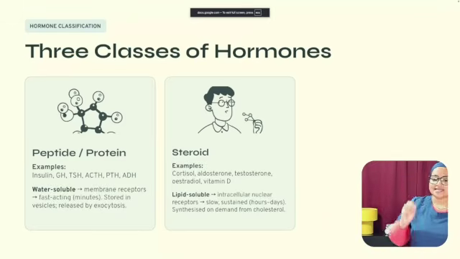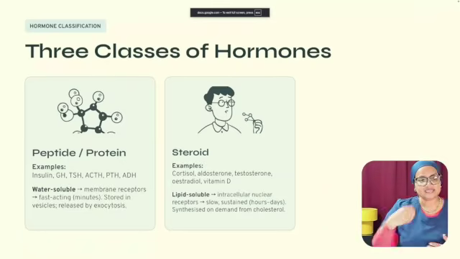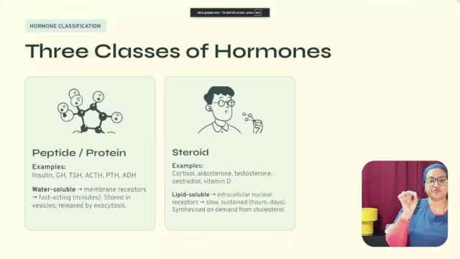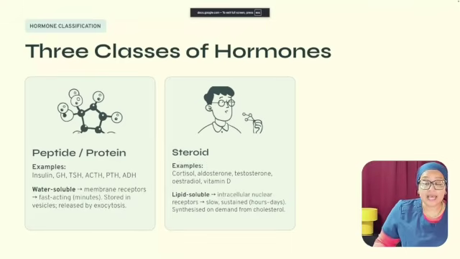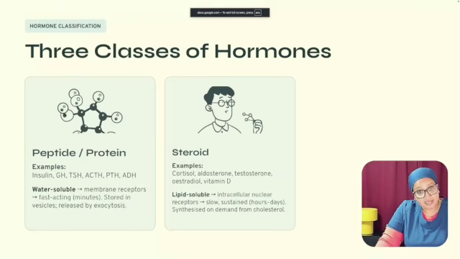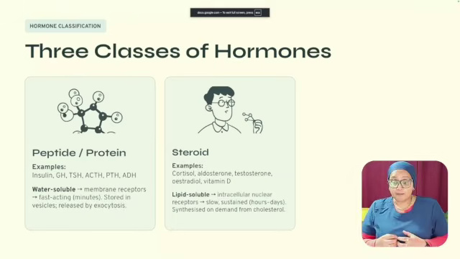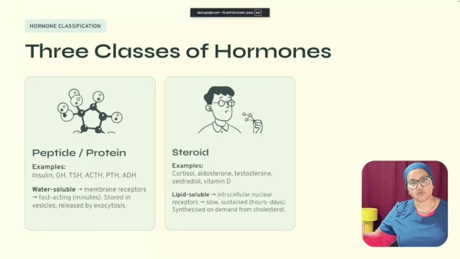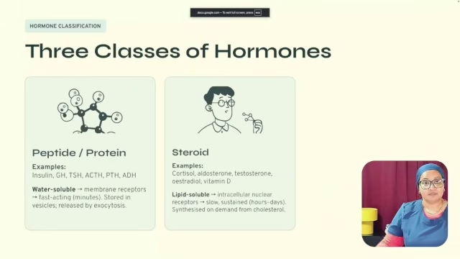And since they don't need membrane receptors, they have what we call intracellular receptors. Together, this hormone receptor complex then acts as a transcription factor, binding to hormone response elements on the DNA and altering gene expression. You see? Now we are talking about influencing long-term processes, gene expression.